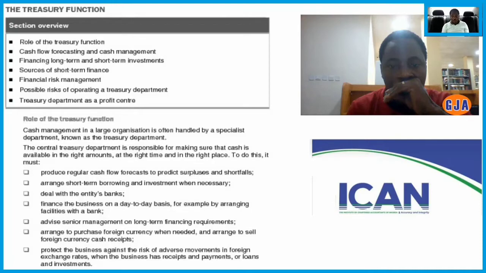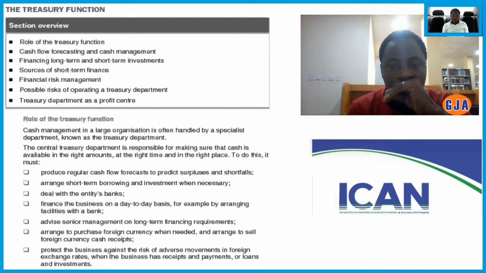I want to believe you know that not all organizations are big enough to have a treasury department, but for organizations that do, we need to know the possible risks that we may need to manage while we have a treasury department. Of course, we are going to look at treasury departments, especially if that organization wants that department to run as a profit center.